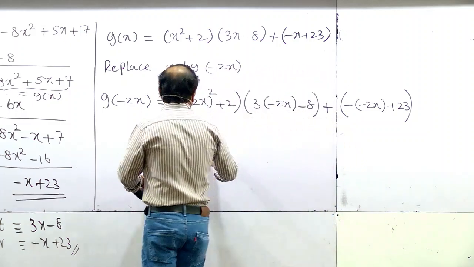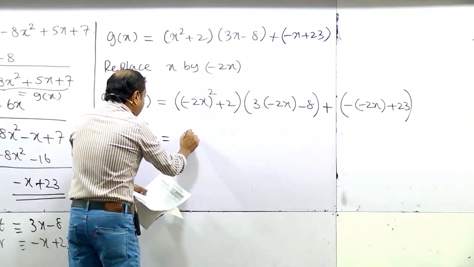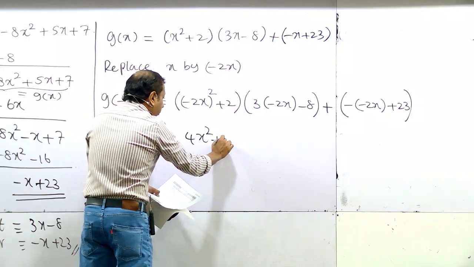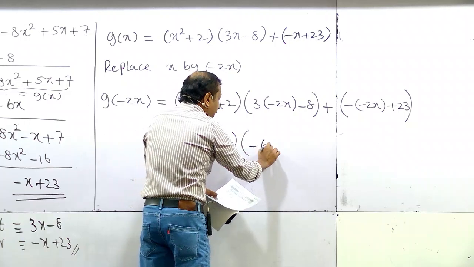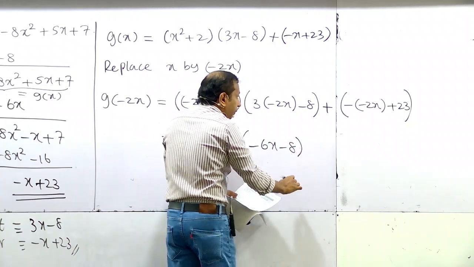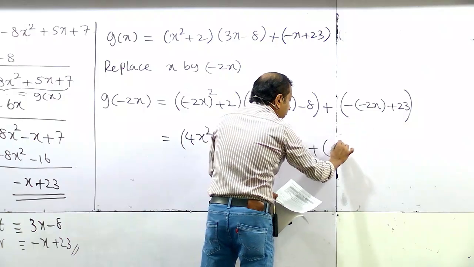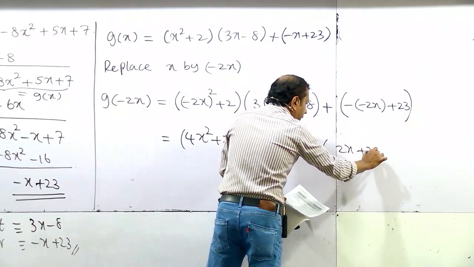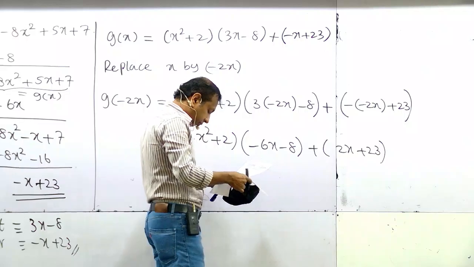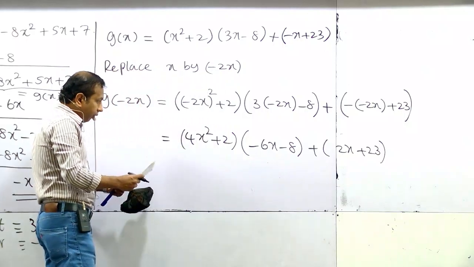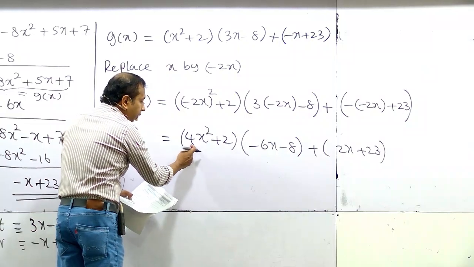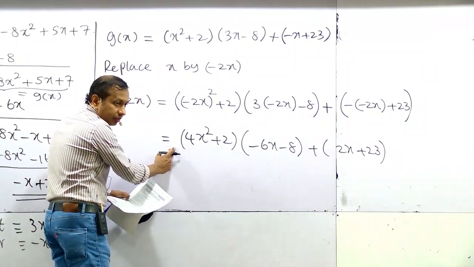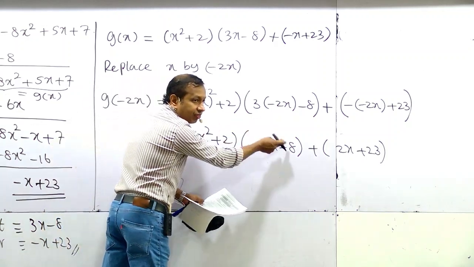Now simplify here. Minus 2 squared is 4x squared plus 2, here minus 6x minus 8, here 2x plus 23. Now I take 2 out from this bracket, and by that 2 we multiply the second bracket.